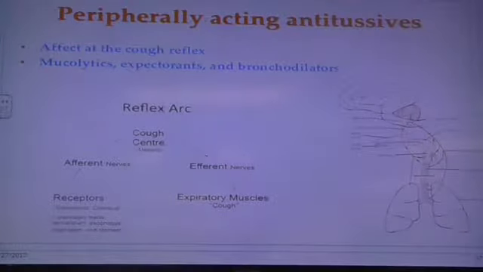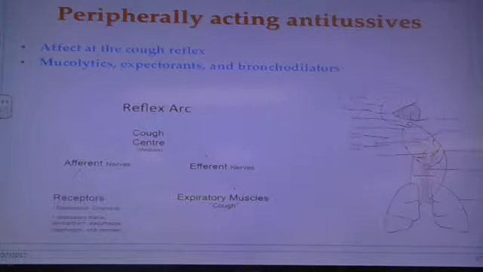The cough reflex is right here, below the brain, and it has the receptors that sense to the cough center from the pharynx or the larynx, and some of them are in the upper respiratory tract. That's the two parts together.